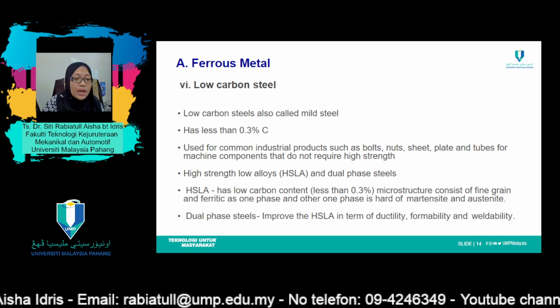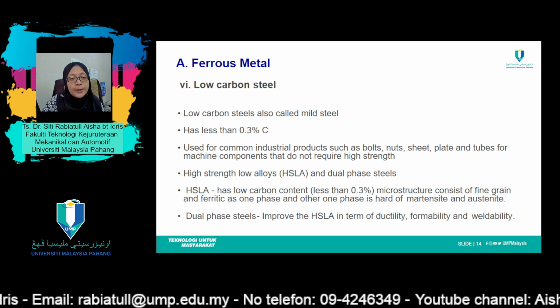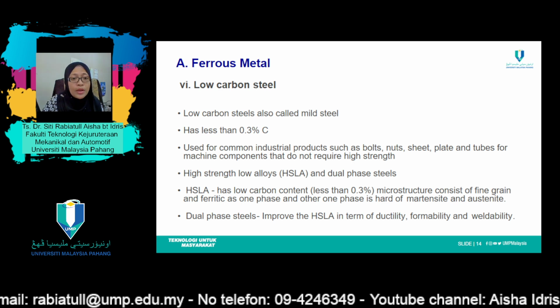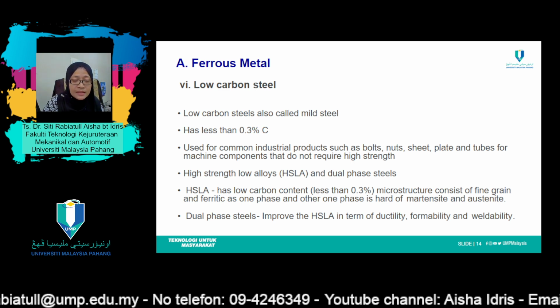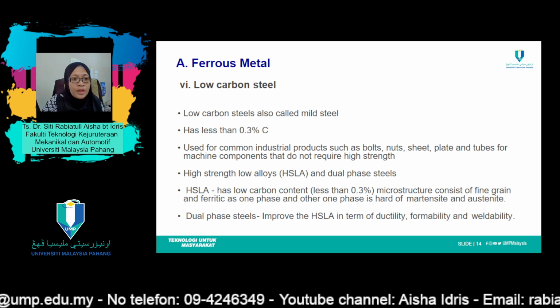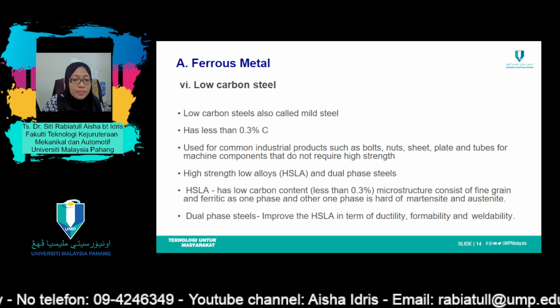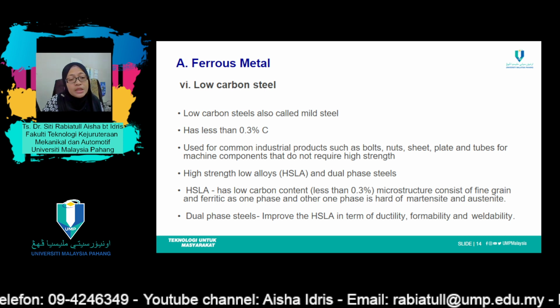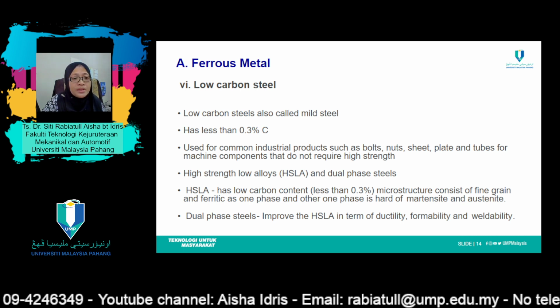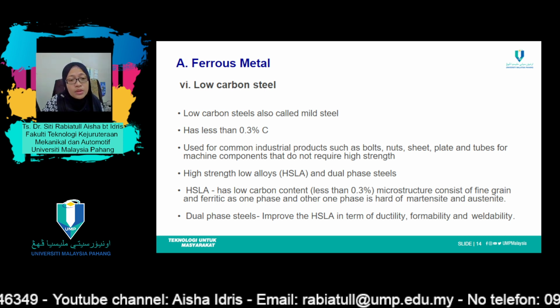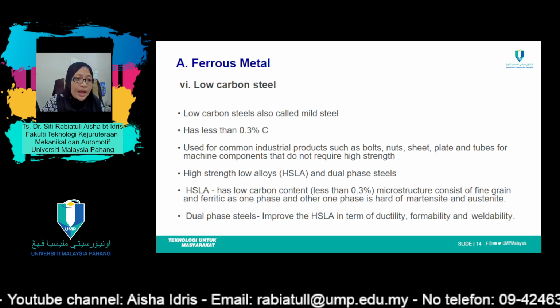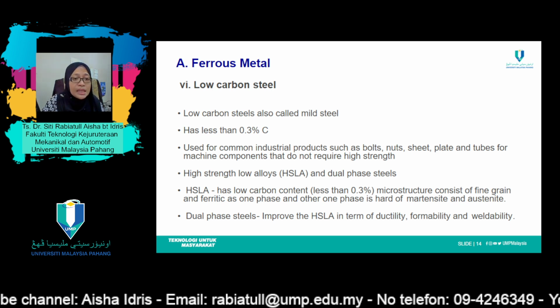Another group of low carbon alloys are the high-strength, low-alloy, or HSLA, steels. They contain other alloying elements such as copper, vanadium, nickel, and molybdenum in combined concentrations as high as 10% and possess higher strength than the plain carbon steels.